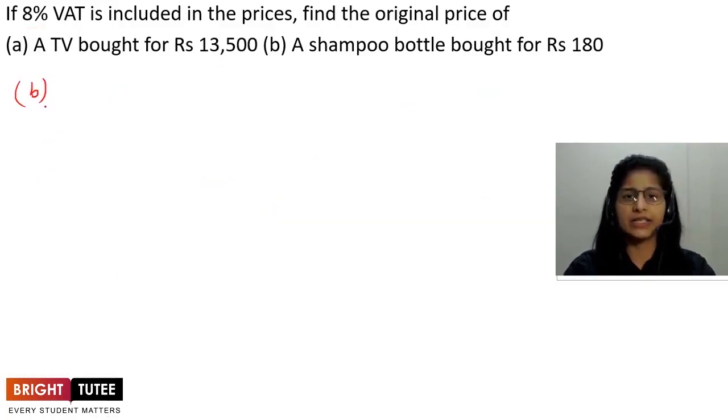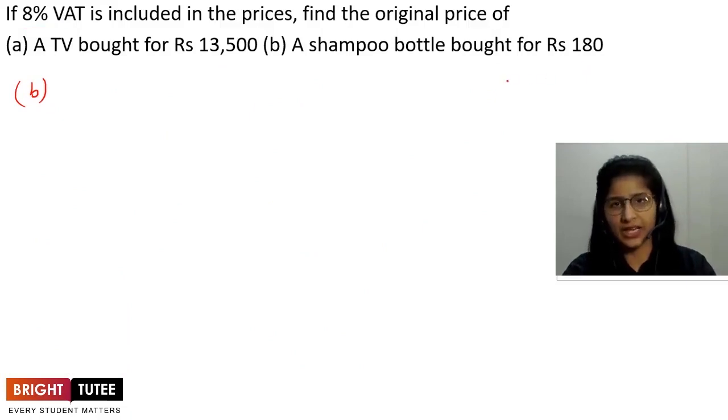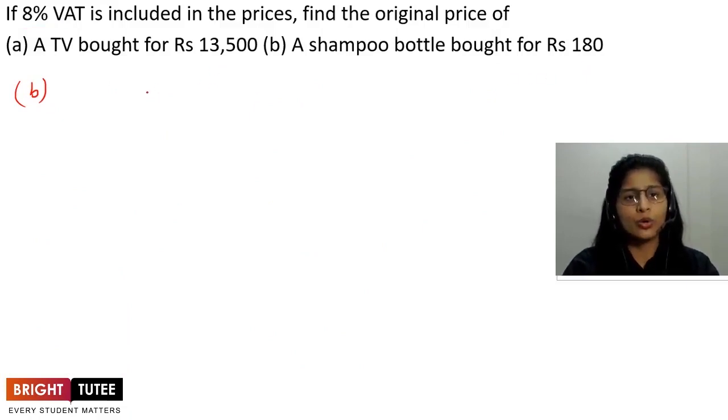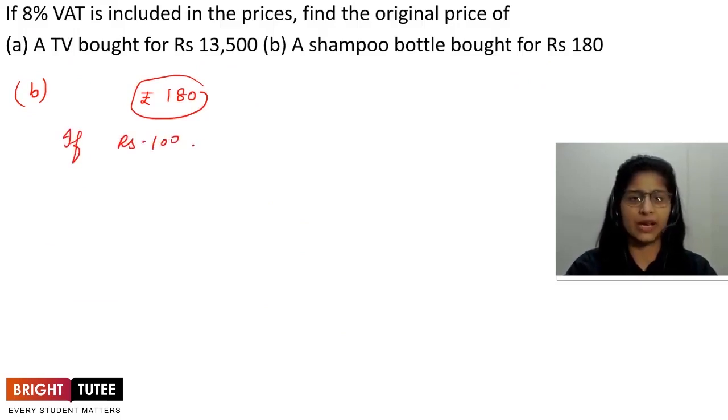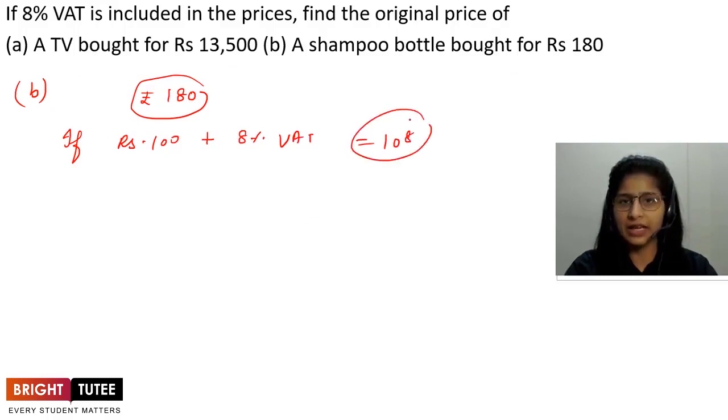In the B part, it is given the amount as rupees 180. So rupees 180 has VAT included in it. In 180 rupees, the VAT is also included, that is 8%. So if we consider rupees 100 as the original price, and we include 8% VAT into it, so with VAT it will be 108.